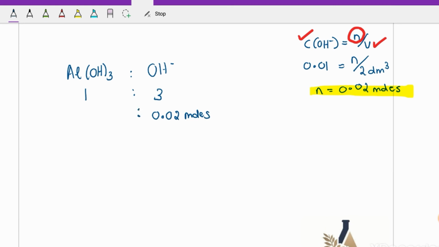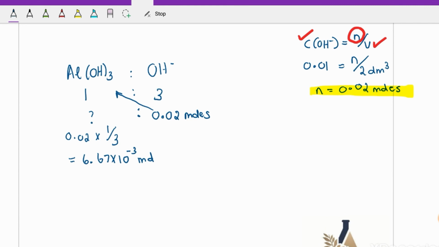Okay, so how are we going to get the moles of the aluminium hydroxide? So you're going to take this, times it by 1, and divide it by 3. Or you can just say 0.02 times 1 over 3. Okay, and if you do that, you get an answer of 6.67 times 10 to the negative 3 mole.